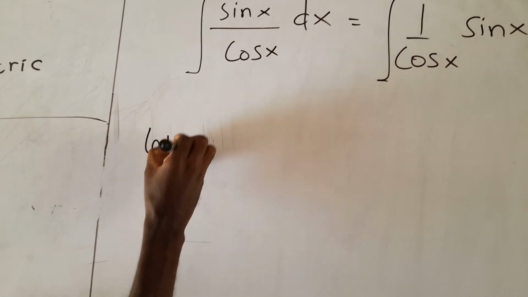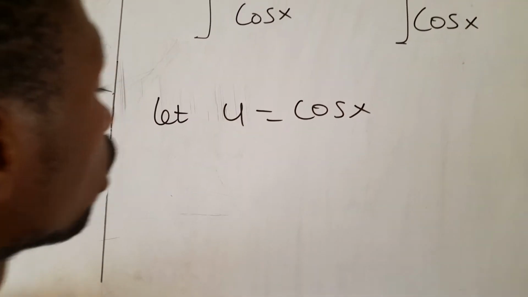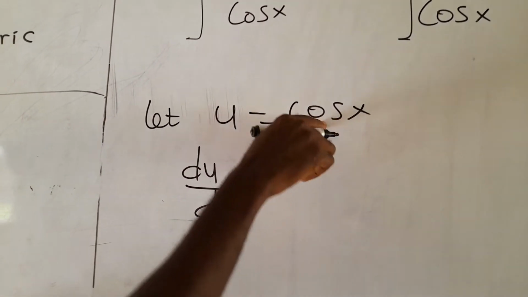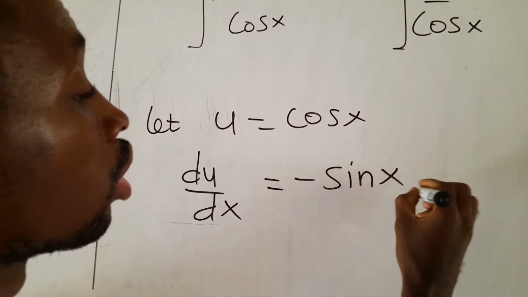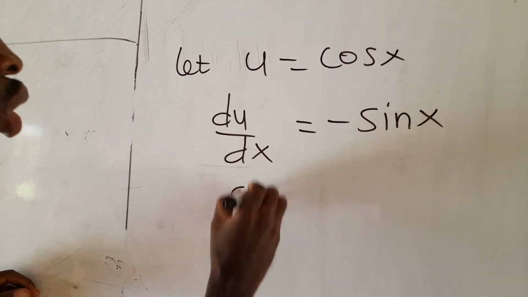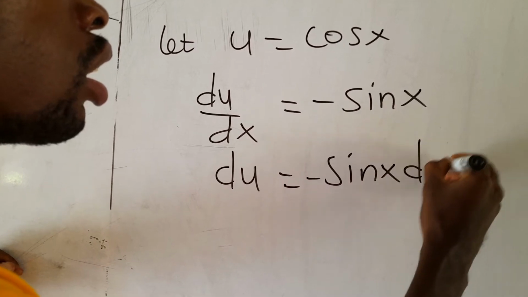Now I will let u be equal to the denominator, cos x. So du over dx, remember, when we differentiate cos x, is minus sin x. So du will be equal to negative sin x dx.